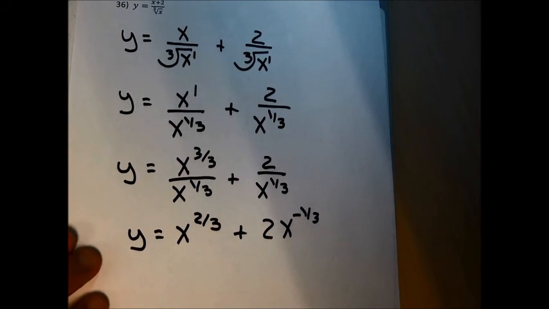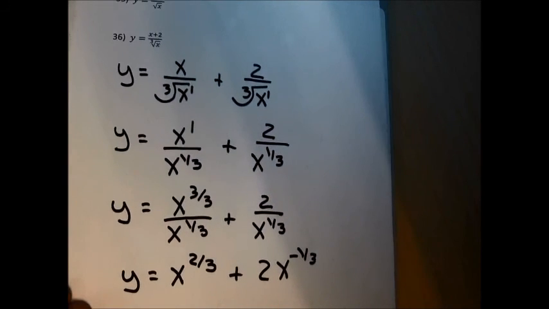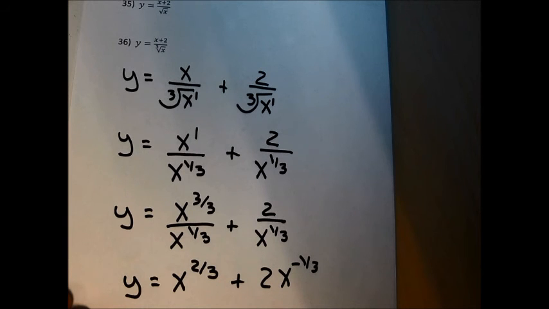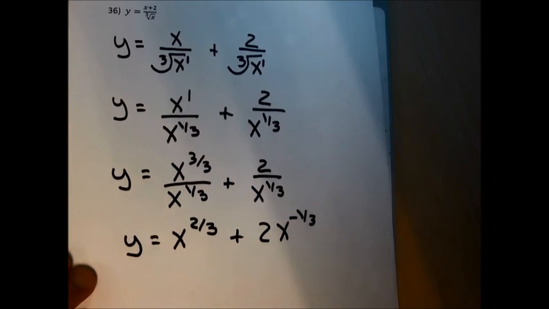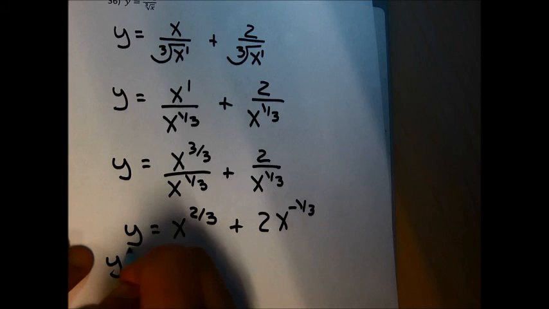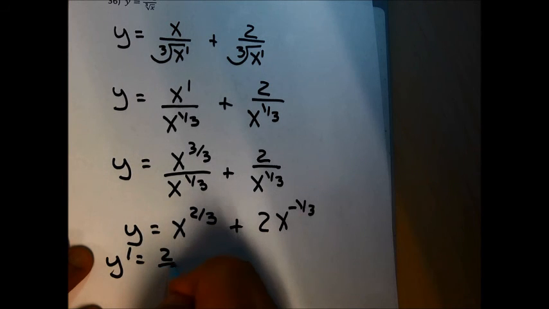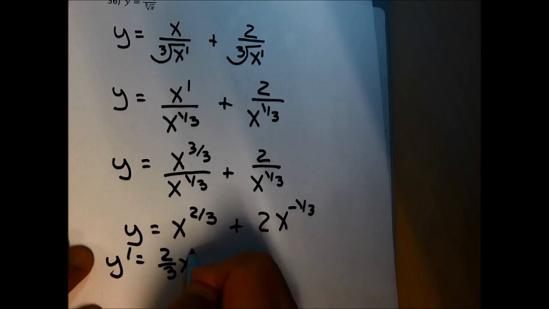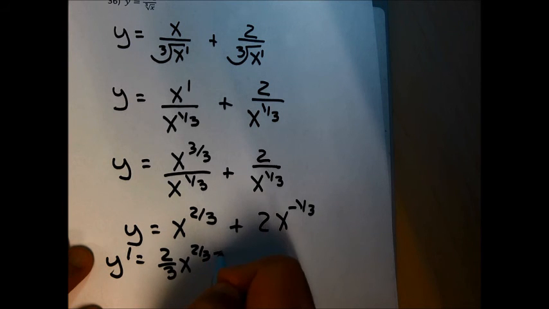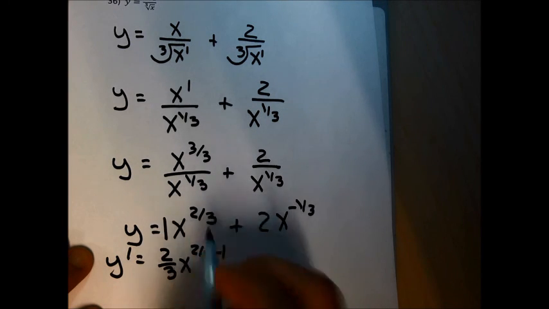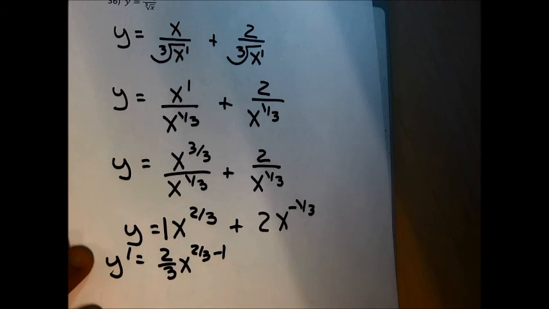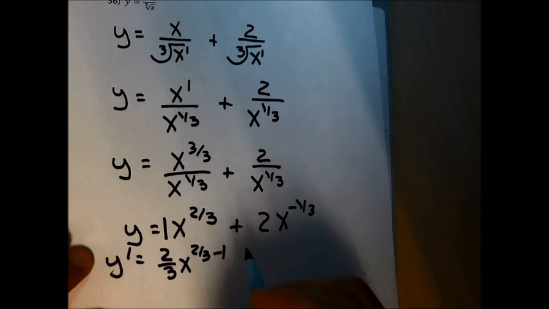Now I can do the derivative. So I took 3 or 4 steps to rewrite the problem, and you're going to have to do something similar for 35. Now I'm going to use the derivative, so I'm going to write y prime as 2/3 times x to the 2/3 minus 1. Notice I didn't put a 1 in front of the x there and write 2/3 times 1, because you don't need to do that.